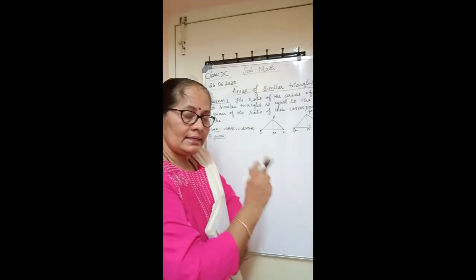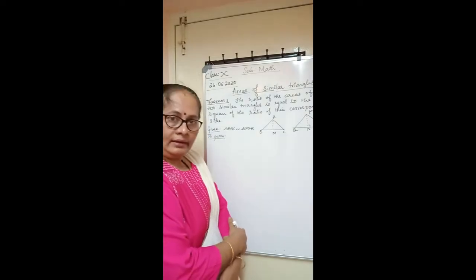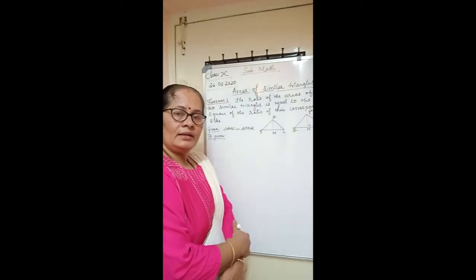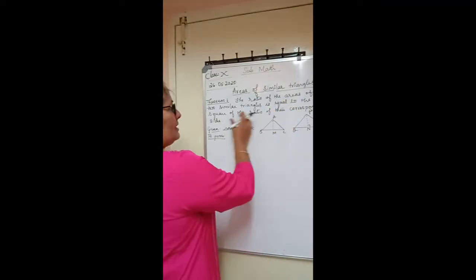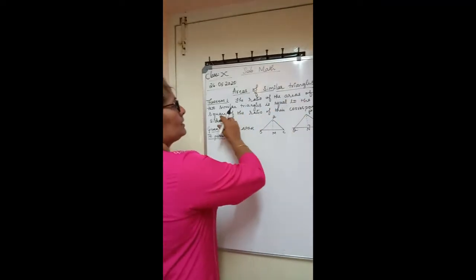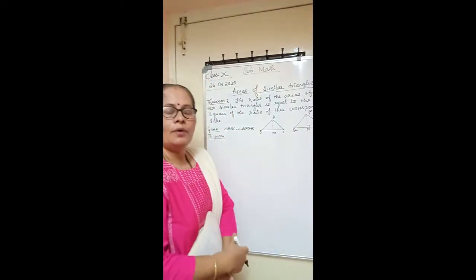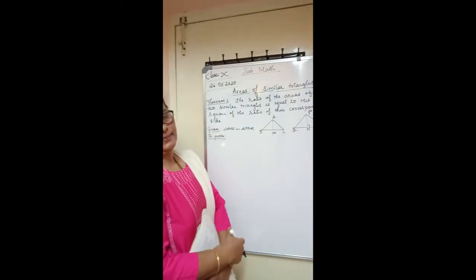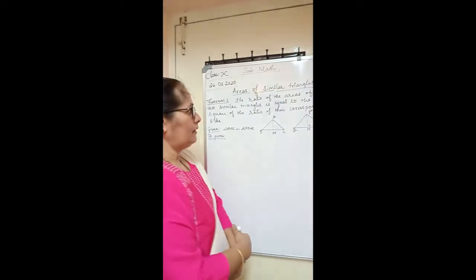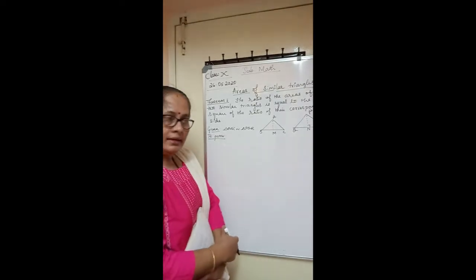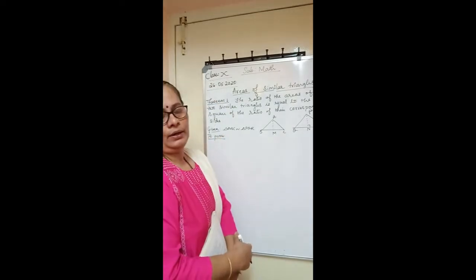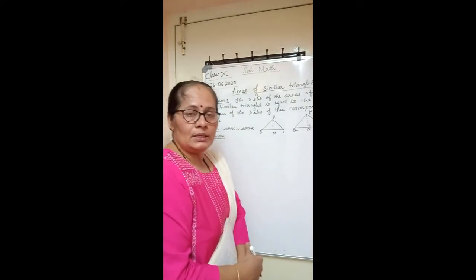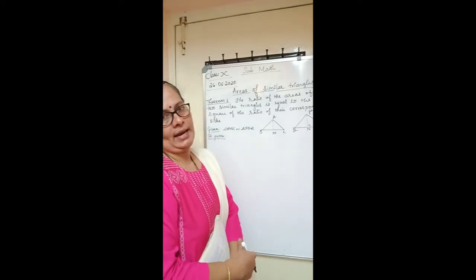When two triangles are similar, the ratio of the areas of the two similar triangles is equal to the ratio of the squares of their corresponding sides.